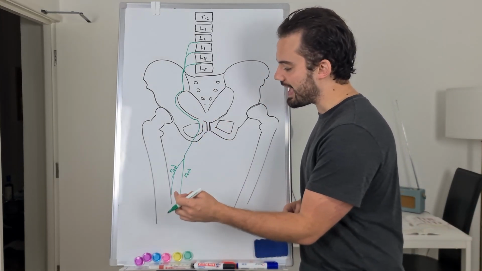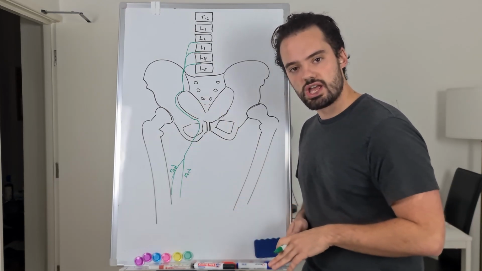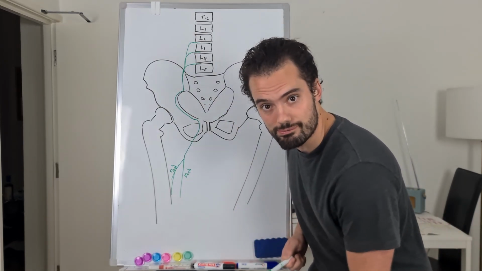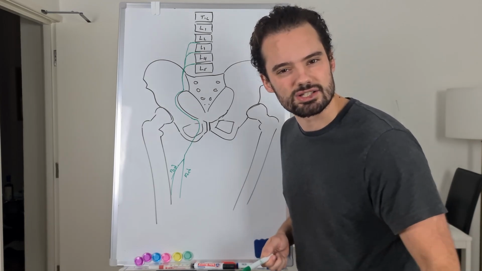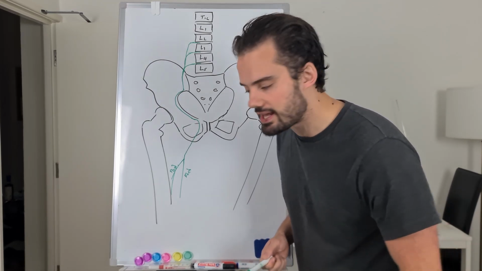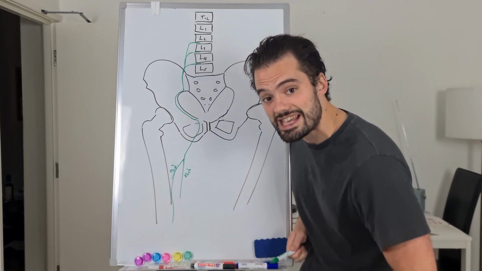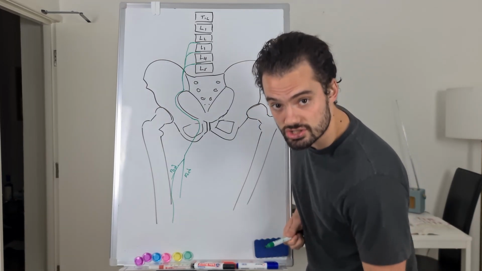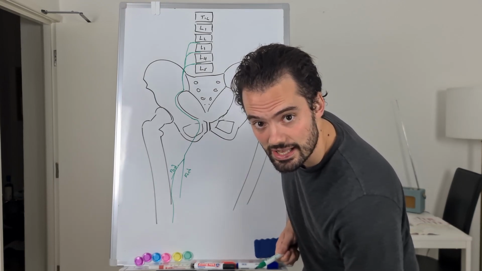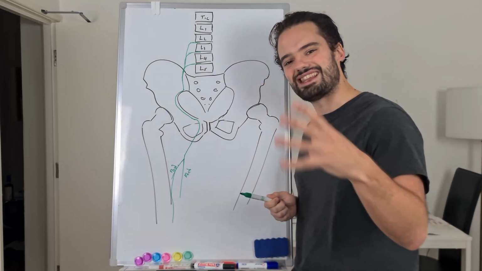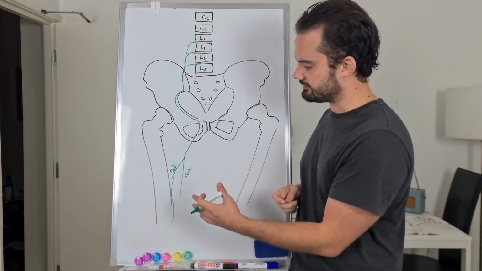The anterior branch supplies a lot of the skin of the medial thigh, which makes sense because we're talking about the medial thigh muscles. The posterior branch actually goes all the way down as far as the knee joint and contributes to some of the sensation of the knee joint itself. So that's the sensation aspect of the obturator nerve.